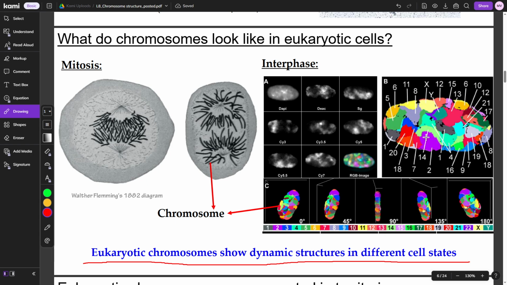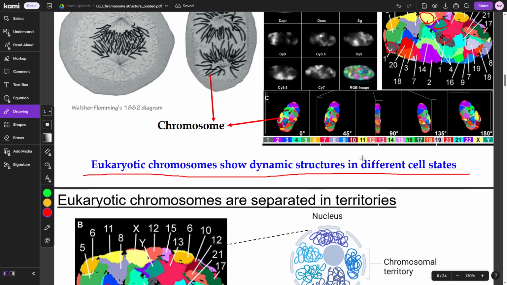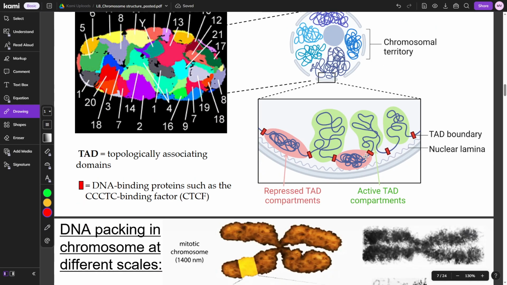You have one copy of chromosome 1 here and the other copy of chromosome 1 over here, and you can see your X and Y chromosomes here. They organize themselves in a weird way within the nucleus. Something cool to keep in mind, but I wouldn't be too worried about it for your exam.